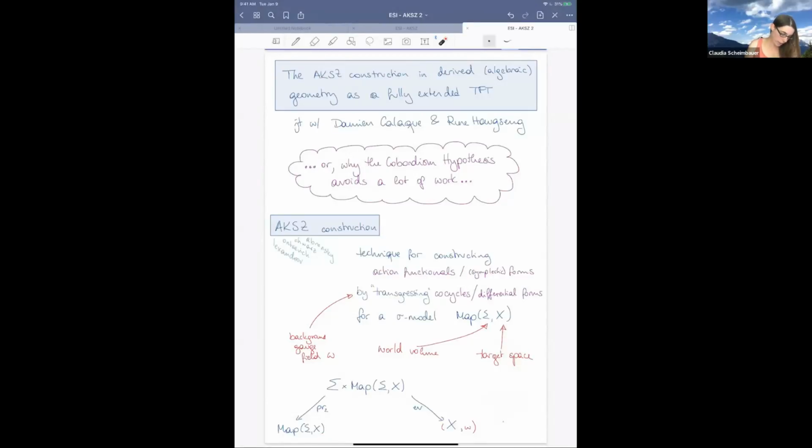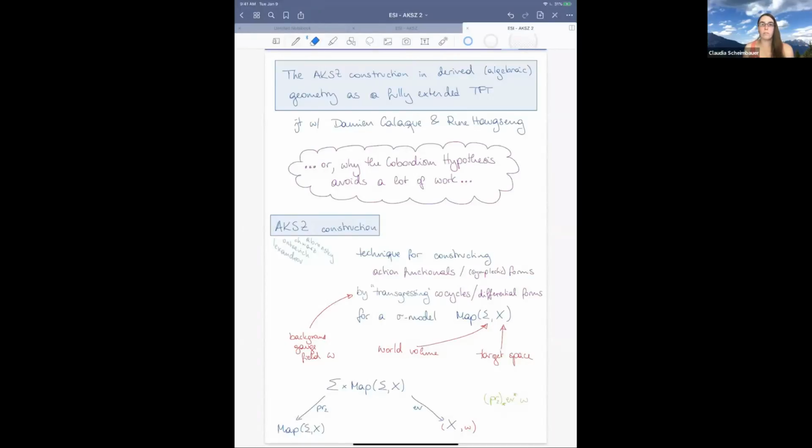And here is my omega, my background gauge field omega, that lives on the target. So that's something over here. And so if I have my thing on the target, I want to get something on the mapping space, the whole maps. So what we do is, well, we pull back and then we try to push forward.